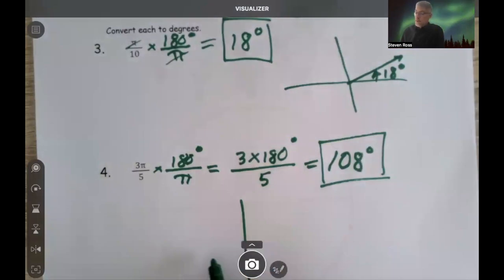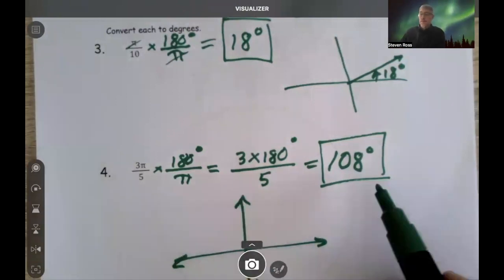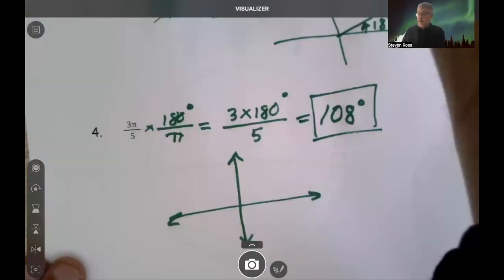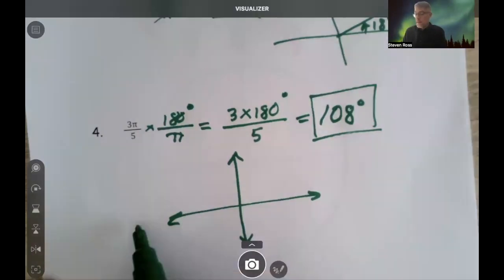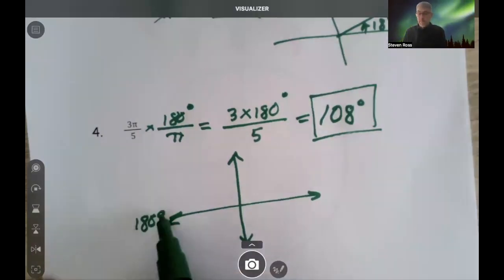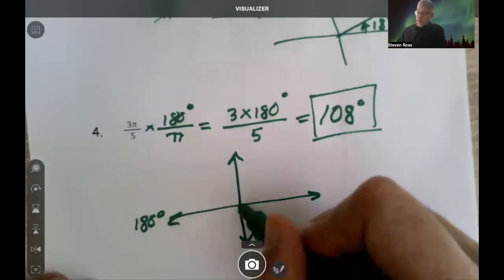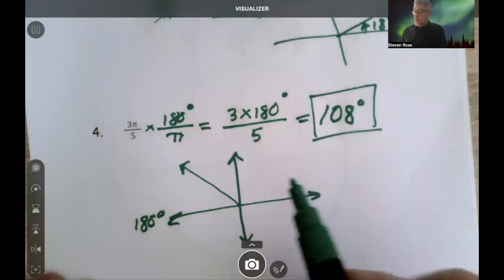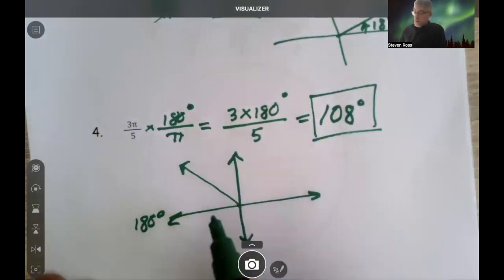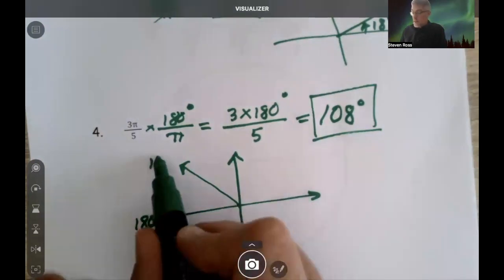And where would that one terminate? Well, I know that 108 degrees is less than 180 degrees, so it's going to be less than that line right there at 180 degrees. It's going to be in quadrant 2. So it's going to go to 108 degrees.